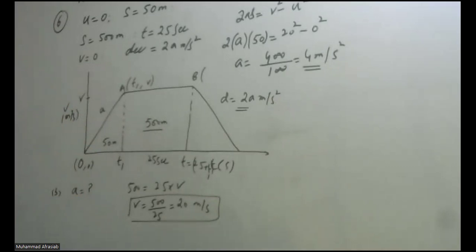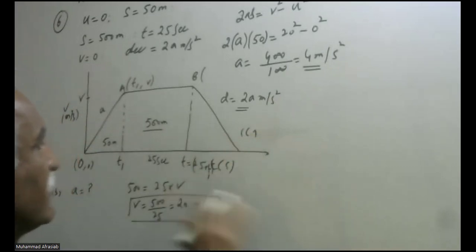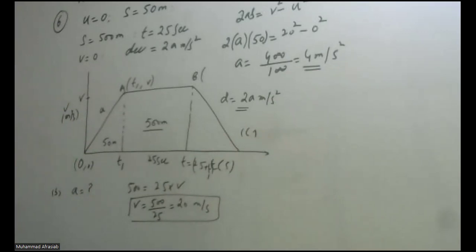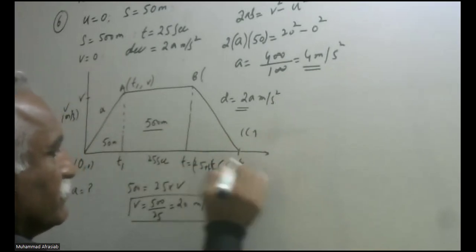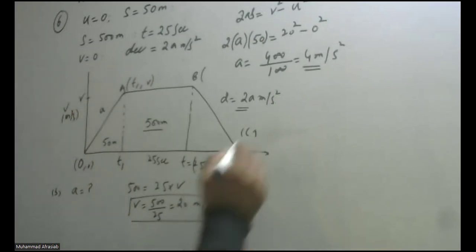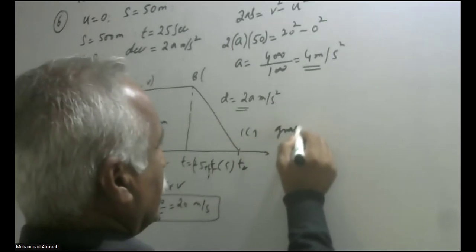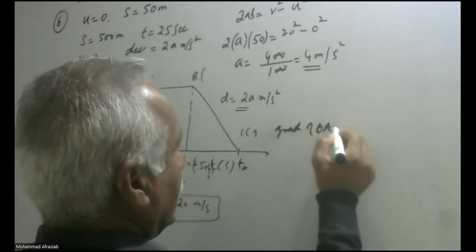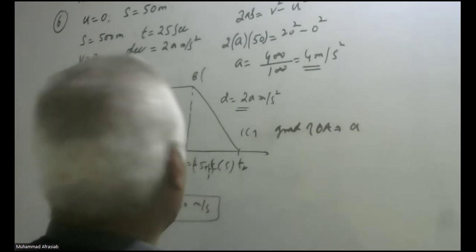Now in the third part, they are asking to find the total time taken in its journey. So we first have to calculate T1, then 25, and then this portion, let's say that is T2. Now we know that v is 20 meters per second and acceleration is 4 meters per second squared, and the gradient of OA gives you the acceleration of that object.